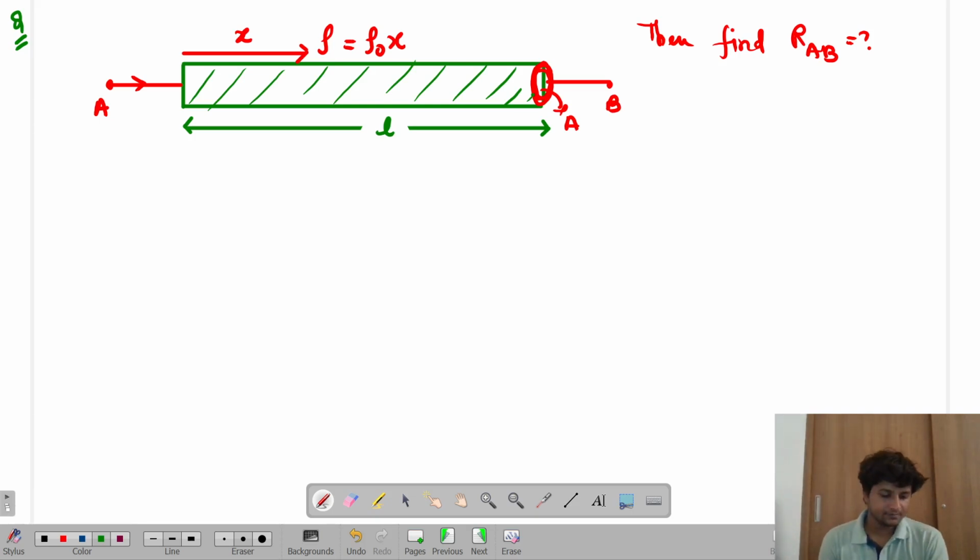Do it. Just solid, Baba. Such that the density will vary, resistivity is varying, that it needs to be solid now.